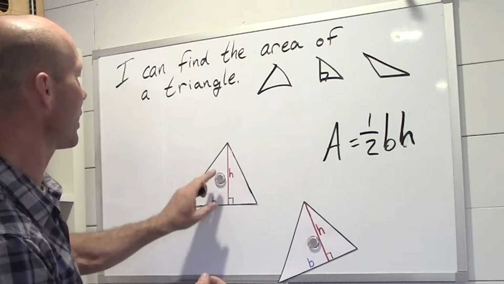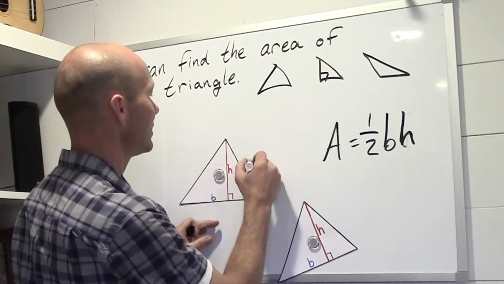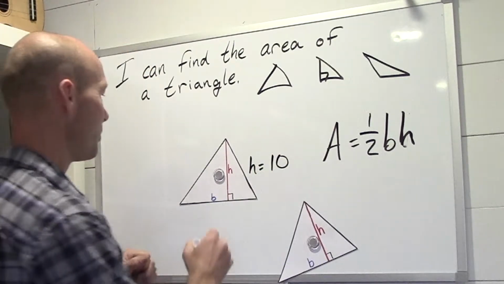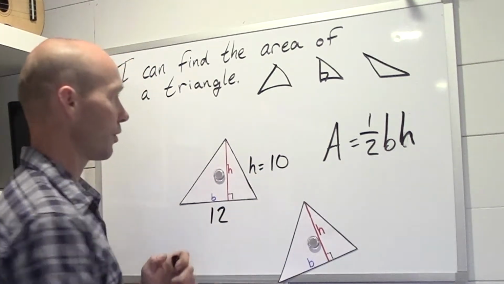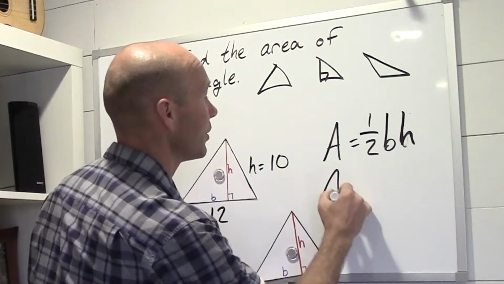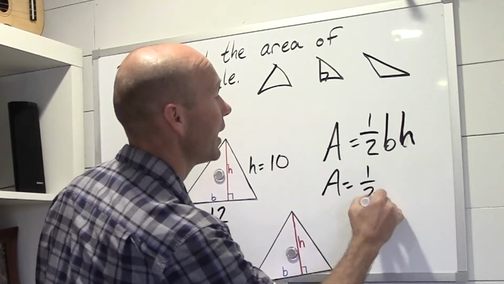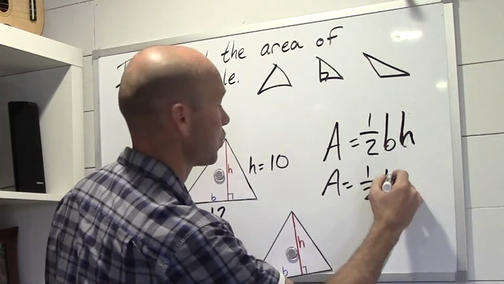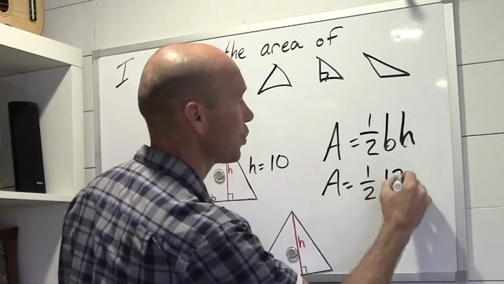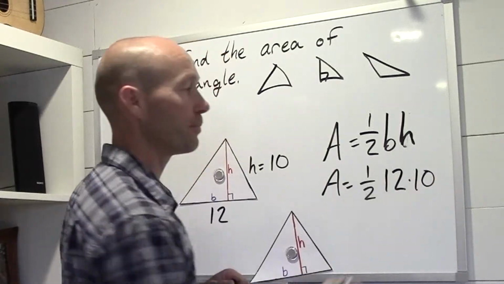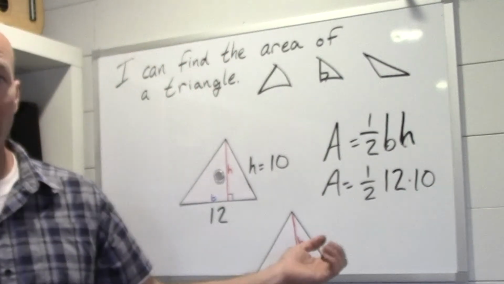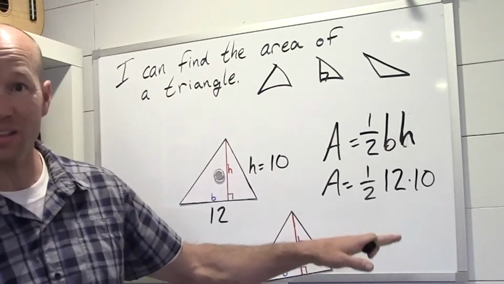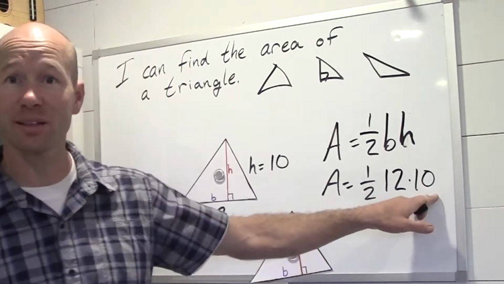If we had a triangle that had a height h equals 10 and the base was 12, then we would do area equals 1/2 of base times height, 12 times 10. Well, we can do that a couple different ways. We can say 1/2 of 12 is 6, and 6 times 10 is 60.